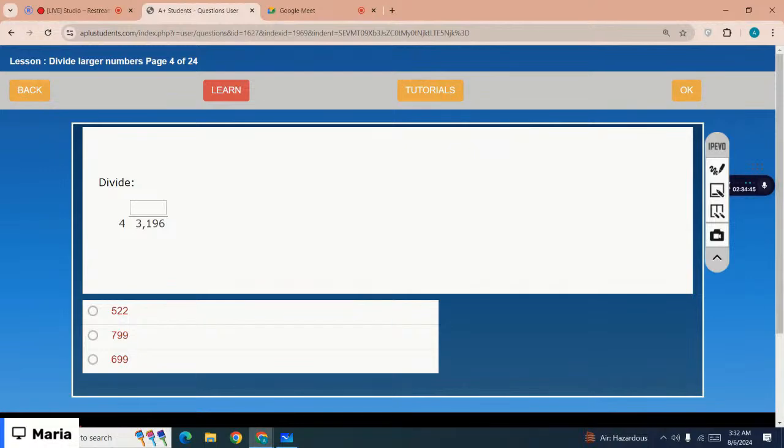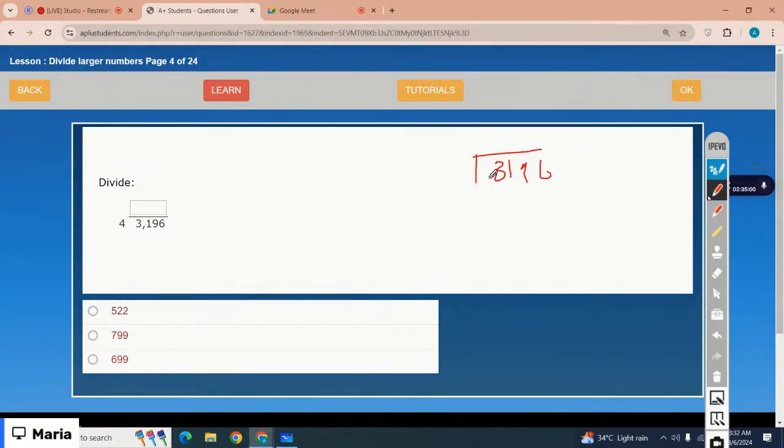3,196 divided by 4. So which is the correct option? 4 times 7 is 28. 31 minus 28 is 3, right?